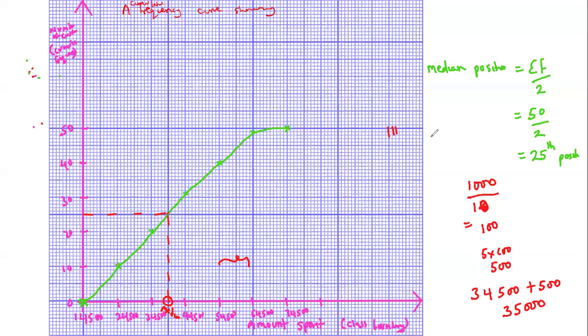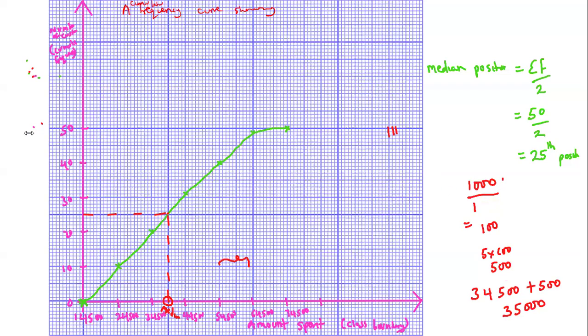So from our graph, what are we getting? Are we getting the same answer or is mine a bit different? Estimate from your graph. Sorry, I think this was 10,000.